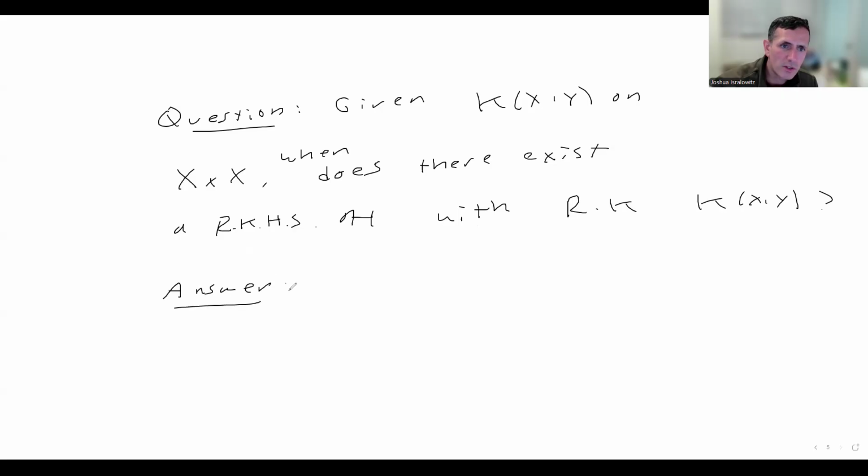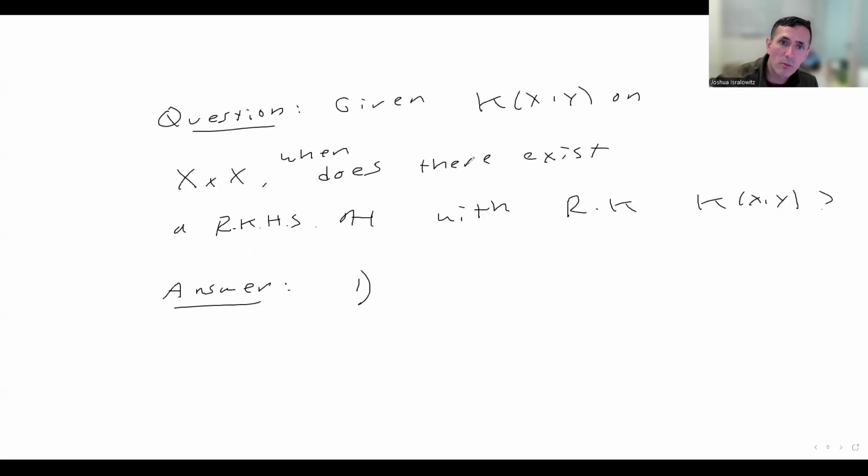And the answer is, well, you need two things to be true. One thing to notice: let's suppose that K does come from a reproducing kernel Hilbert space.